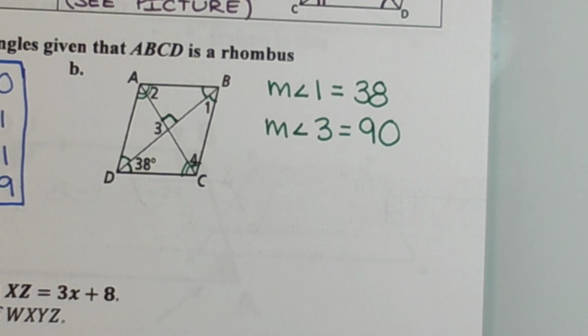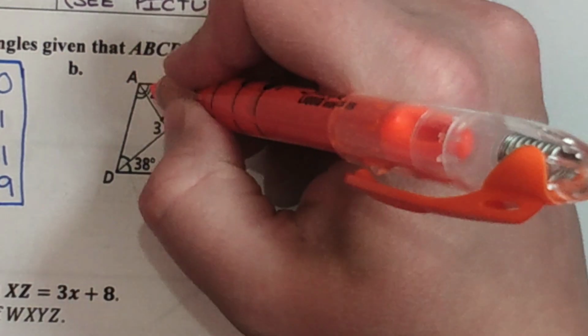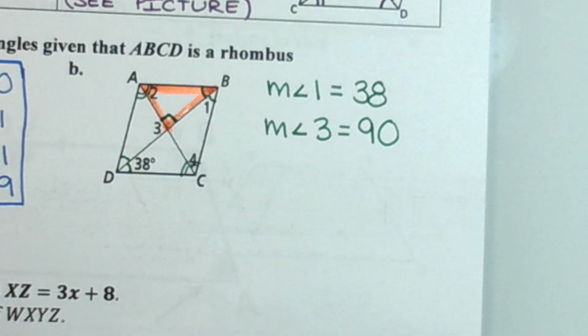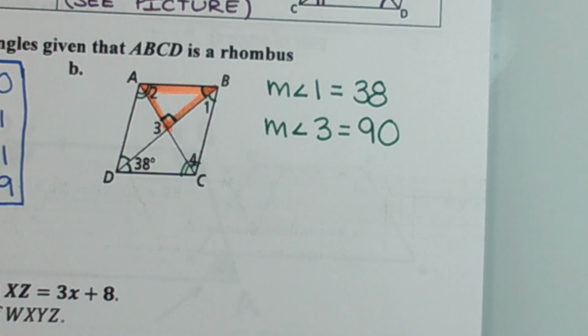What did we do on the first one? Oh, triangle. We used a triangle. We got a bunch of triangles here. We can use a triangle. Any of these triangles will do, because angles of a triangle still add up to what again?